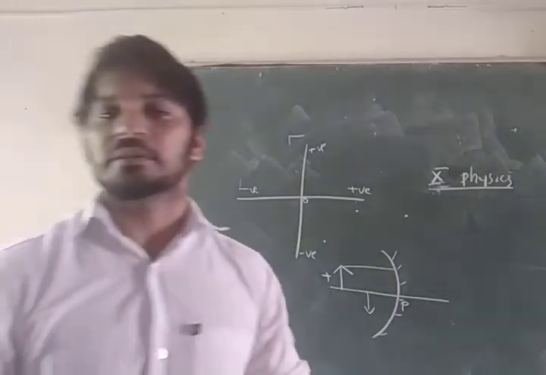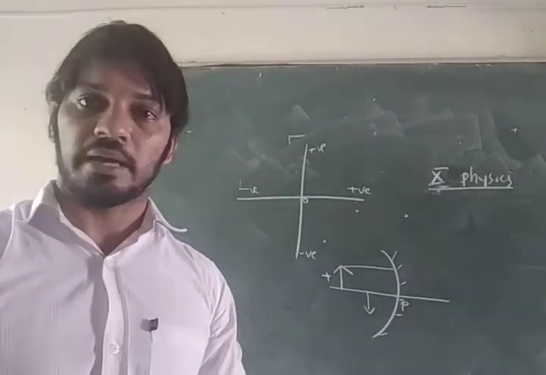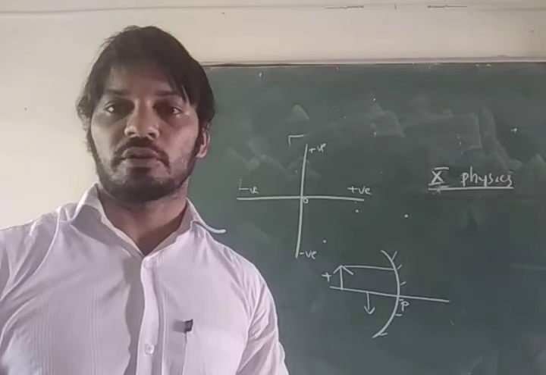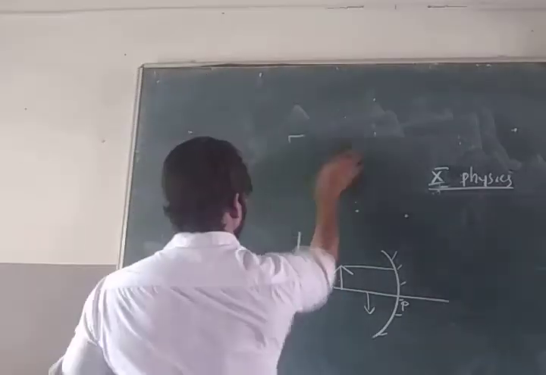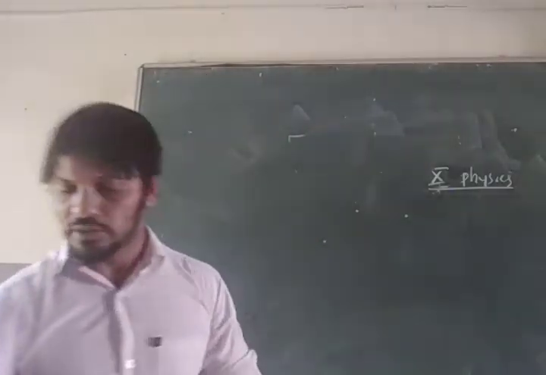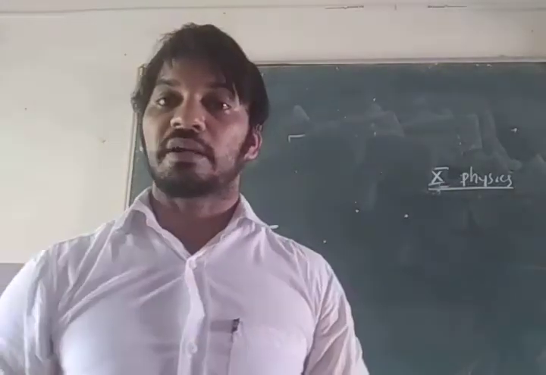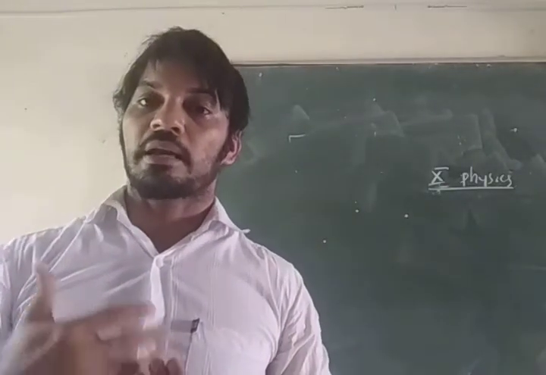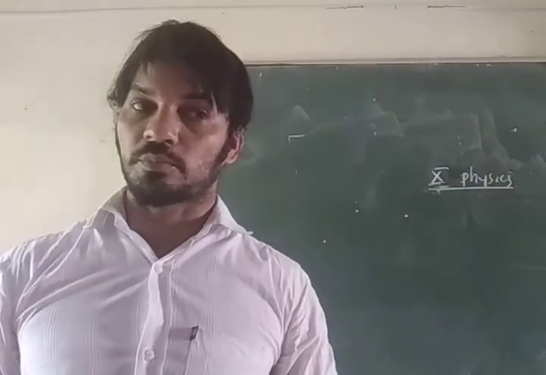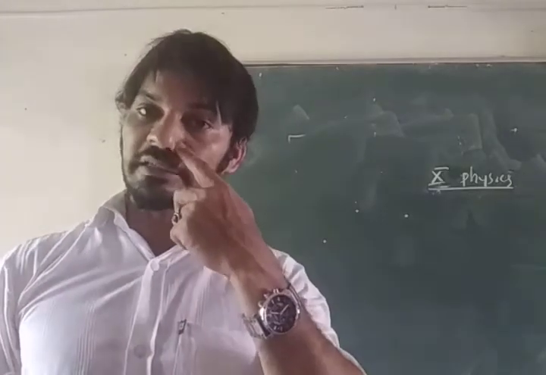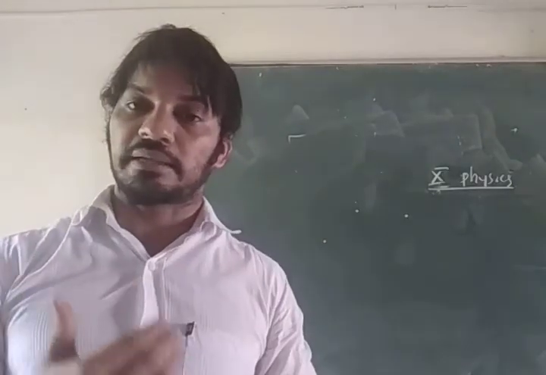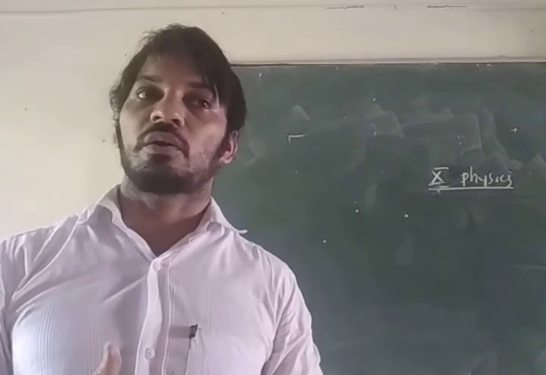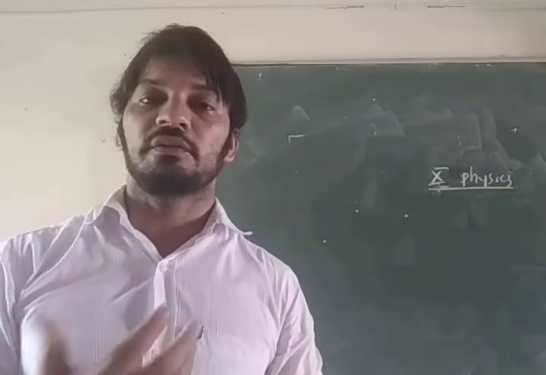Today we are studying the mirror formula and related problem solving. First of all, we have to know what the mirror formula is, and how to find the distance between the object and mirror, the distance between mirror and image, and the focal length. I am teaching everything today.